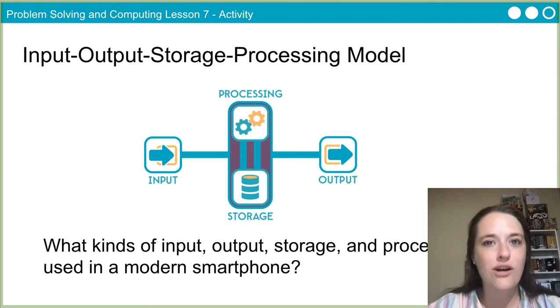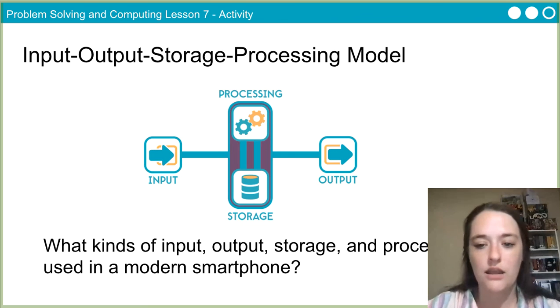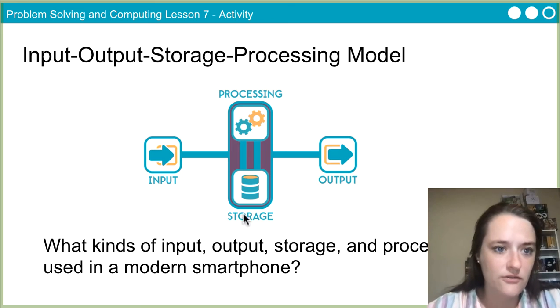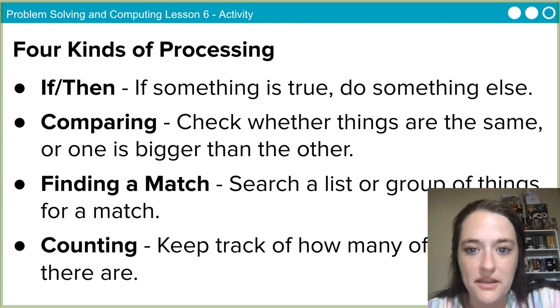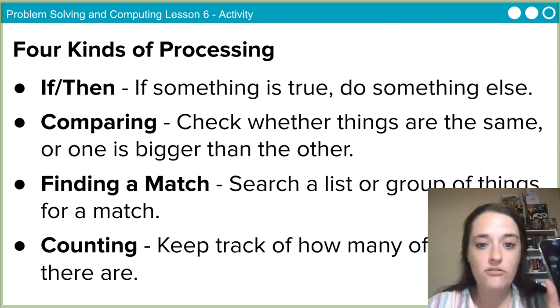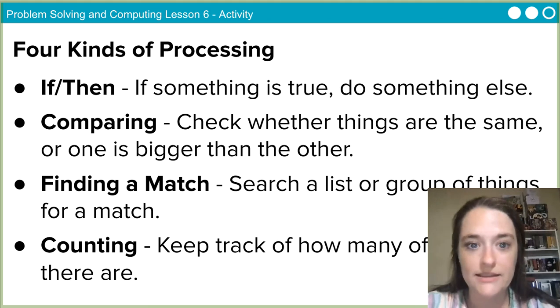Processing. What kind of processing is happening on a smartphone? A lot of if-then. If my camera sees my face, then my phone unlocks.